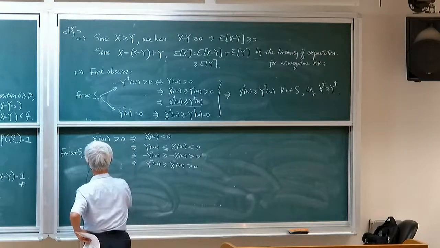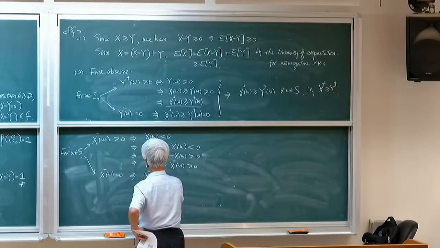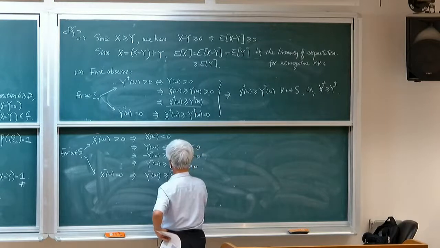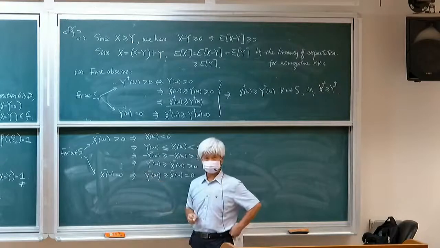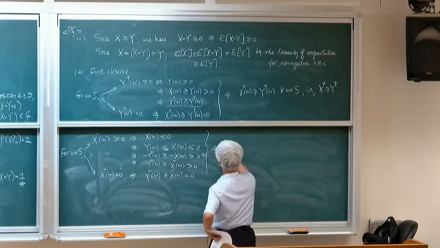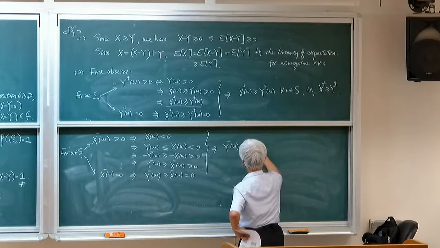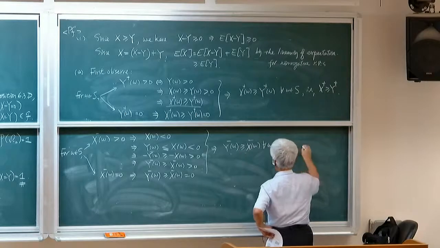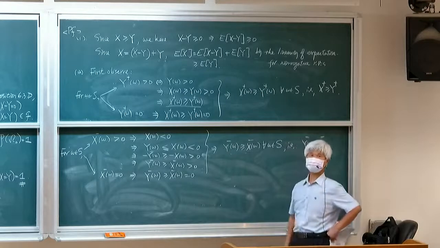In the second case, x minus omega equals 0, which implies that y minus omega is greater than or equal to x minus omega, which is 0, because y minus is a non-negative random variable. So together, y minus omega is greater than or equal to x minus omega for all omega in the sample space, i.e., y minus is greater than or equal to x minus.